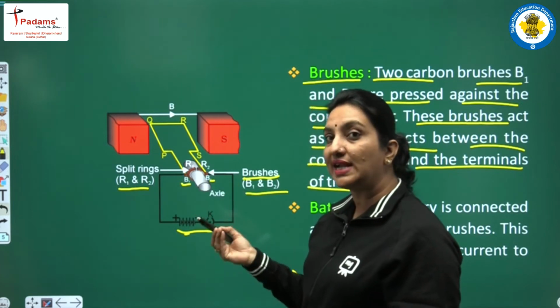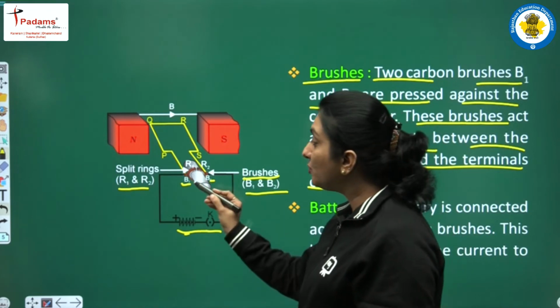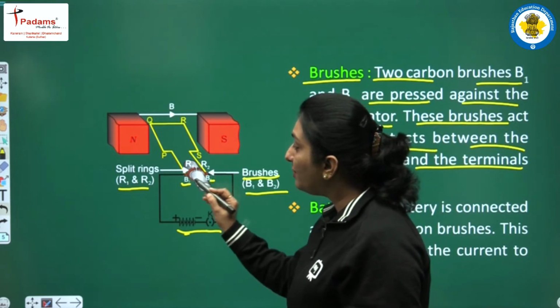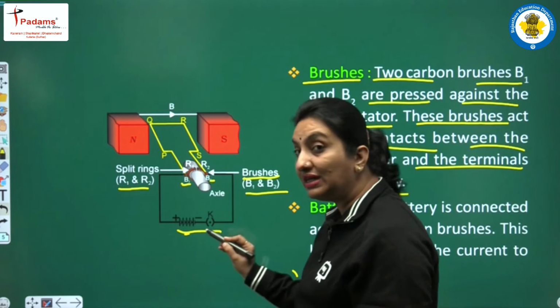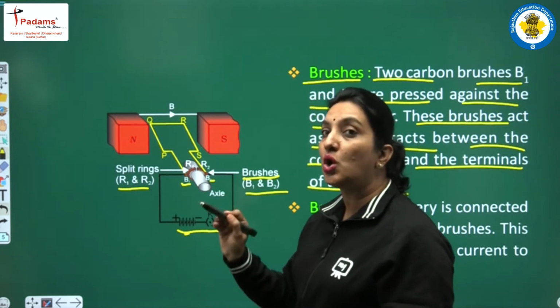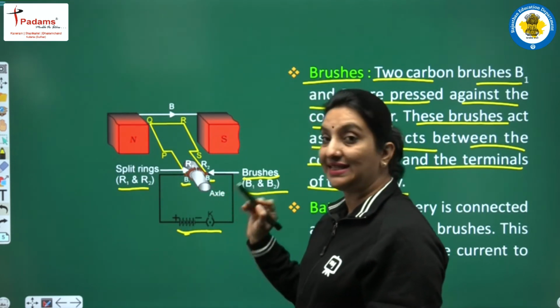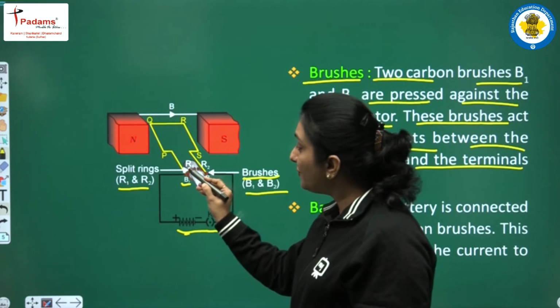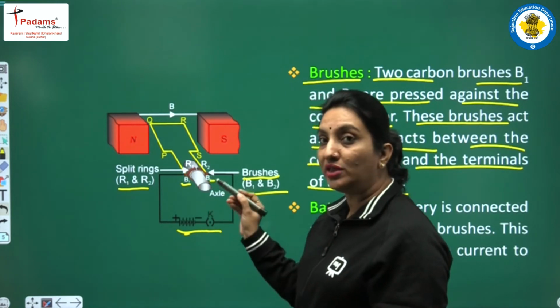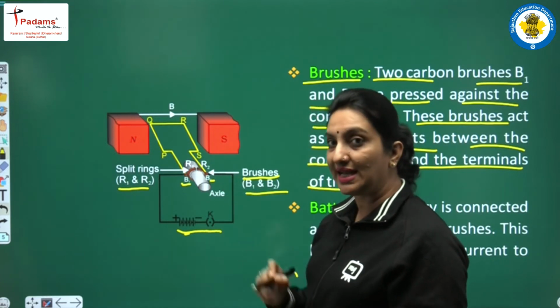You will understand this when we do the working of the electric motor. B1 and B2 are connected to the battery through the key. The brushes do not move, but the split rings move over this axle. This we will understand further.